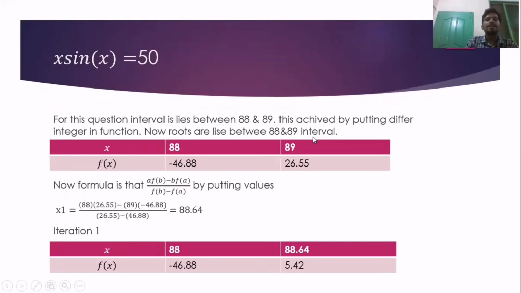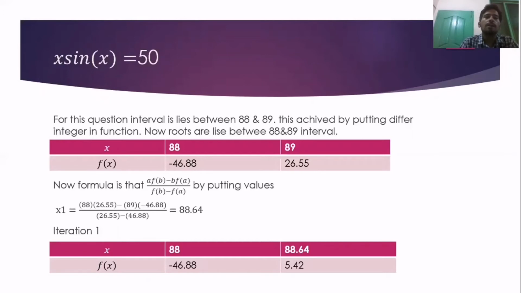Here is a practice question or example of the Regula Falsi method. In this question, first we will find the interval. For finding the interval, we will put the values of different integers in the function, like 1, 2, 3, 4 and so on.